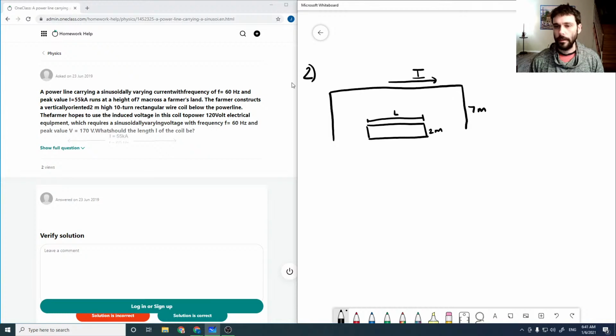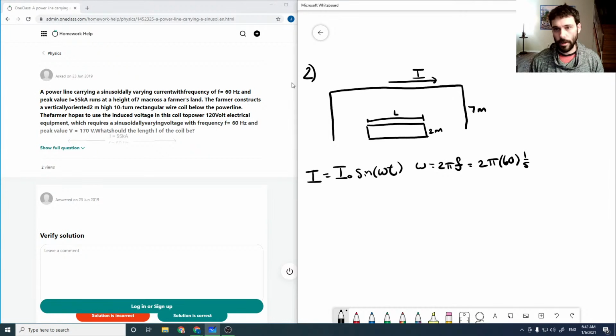It's actually a sinusoidally varying current. So our current is actually I naught sine omega t, where omega is 2 pi f, and in this case f is 60, so 2 pi times 60 per seconds. So that's our frequency for our current.